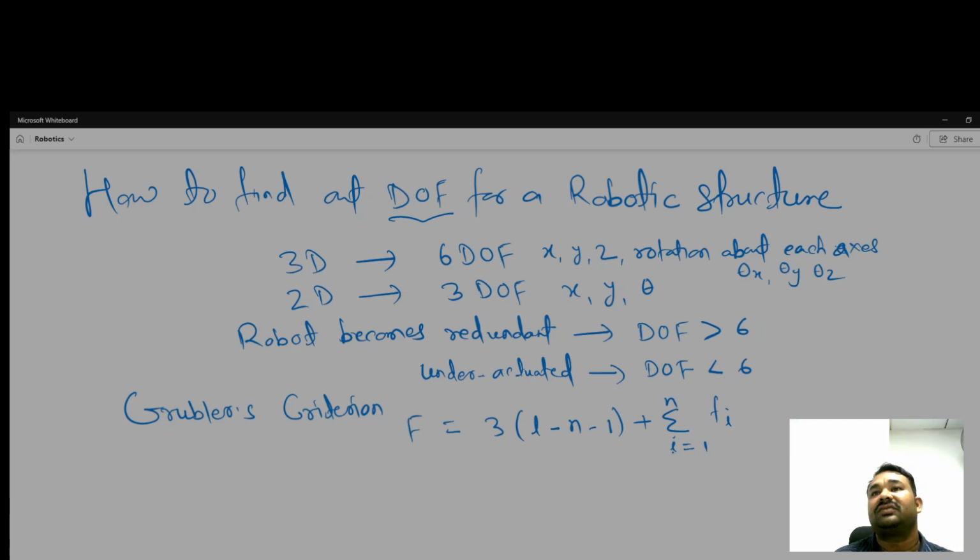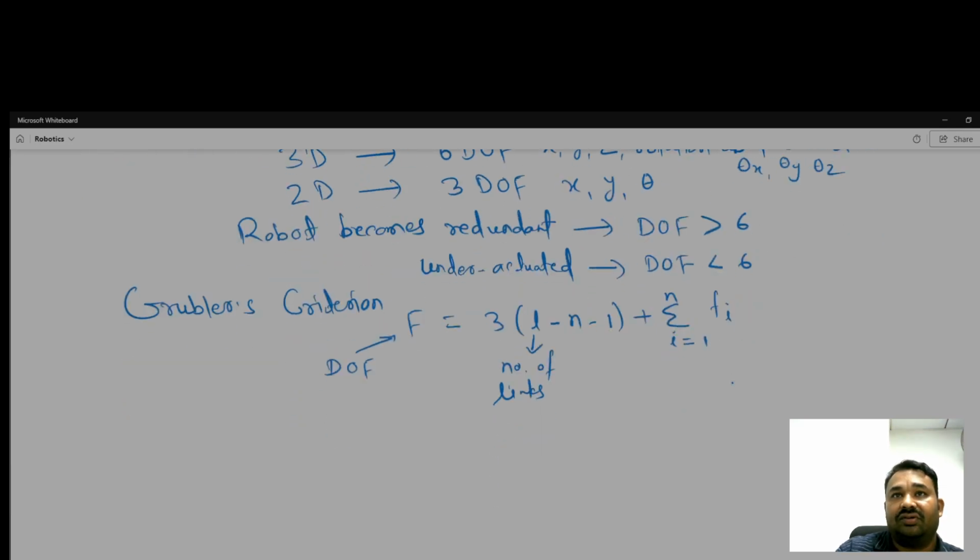Now what is this? F denotes the degrees of freedom, L is the number of links, and n is the number of joints.